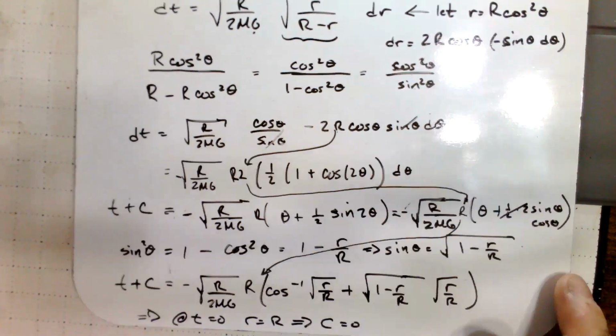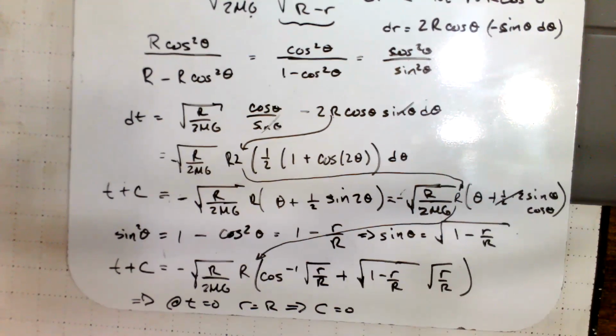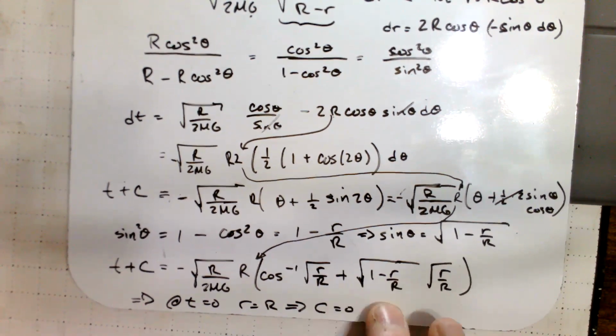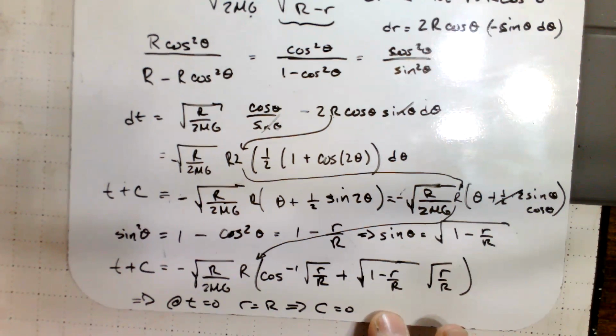Okay, so that's one conclusion that we can make. All right, we're going to expand on this derivation. This is exactly how you would go about solving, I think, the first problem in the problem set.